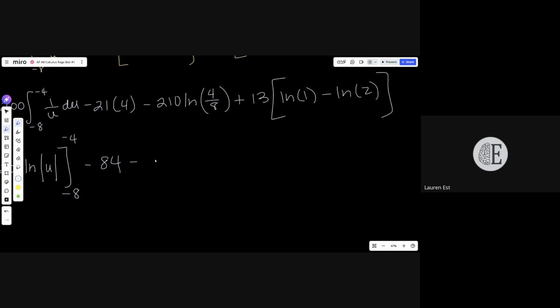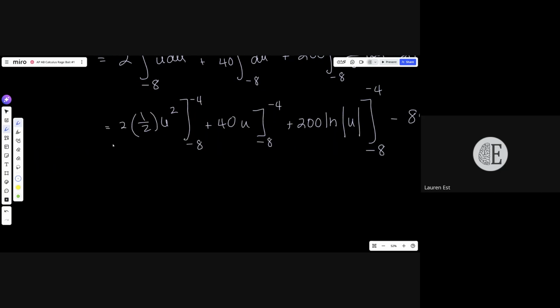Same thing here. I'm going to do minus 210 ln of a half plus 13. ln of 1 is 0. Done. These cancel. I've stopped changing colors because I'm so locked in.